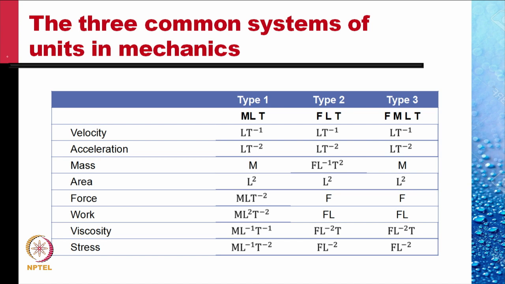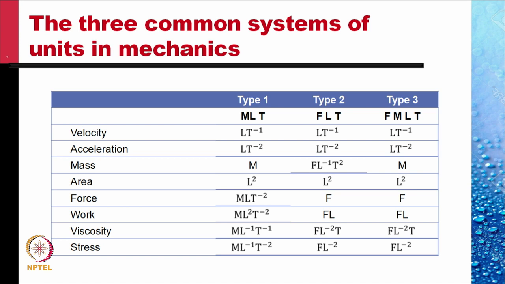MLT, the SI system, is one example of this. FLT, where mass is a derived quantity with a dimension F L minus 1 T raised to power 2. And the third is the FMLT system, the old British imperial system.